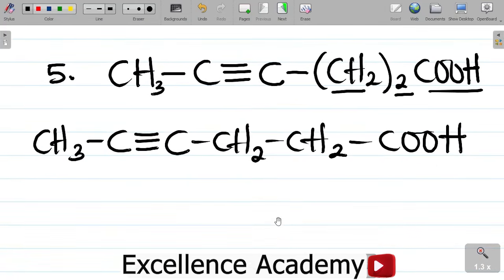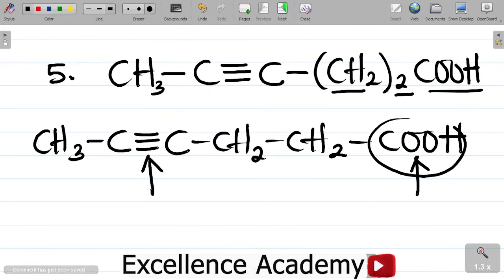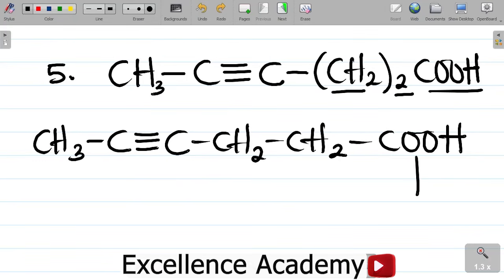All right. Let's count this. So if you observe here, this has one carboxyl group, that's this, and one triple bond, that's one alkyne. So between the carboxyl group and the triple bond, which of them takes precedence? All right. The most important here, or the one that takes precedence, is the COOH.